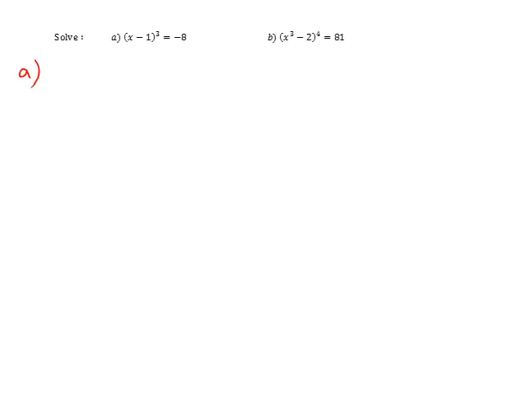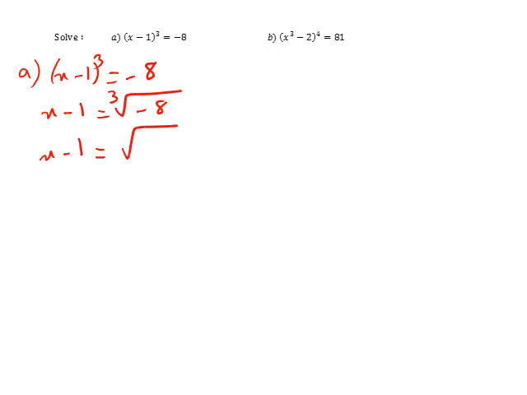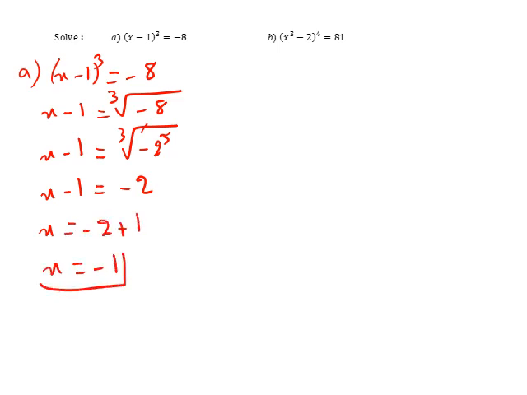Solve. X minus 1 power 3 equal minus 8. So x minus 1 equal radical minus 8 index 3, x minus 1 equal radical minus 2 power 3 index 3, x minus 1 is equal to minus 2, x equal minus 2 plus 1, x equal minus 1. We have one solution since the index is odd.